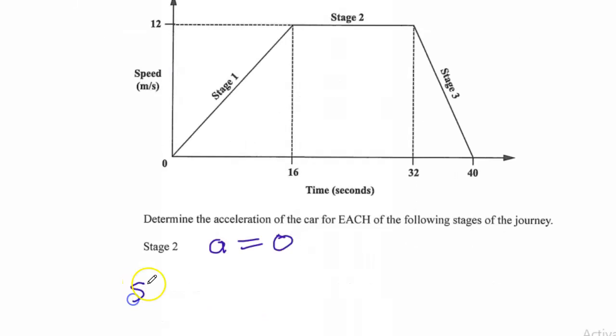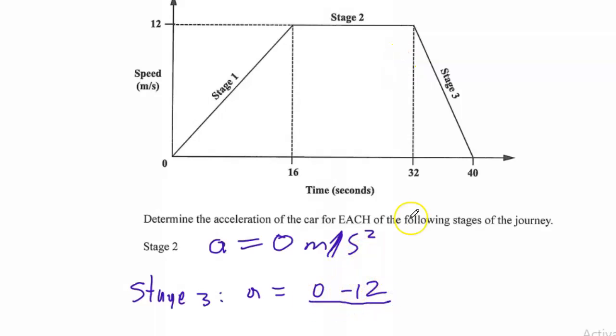Now we also find the acceleration at stage 3, and by the way, the unit is meters per second squared. For stage 3, the acceleration is change in speed over time taken. The final speed was 0, and the initial speed was 12, over the time taken was 8 seconds, going from 32 to 40.